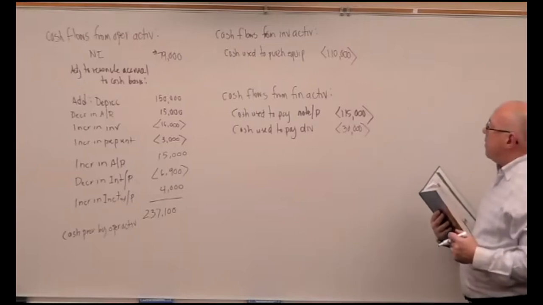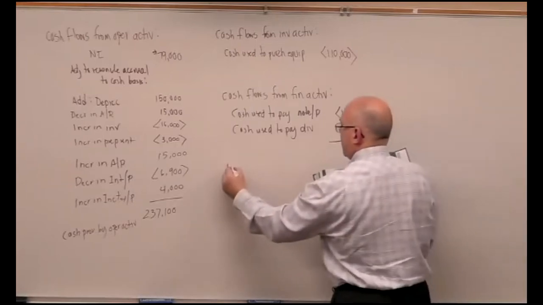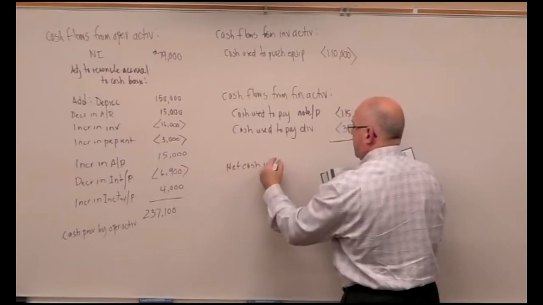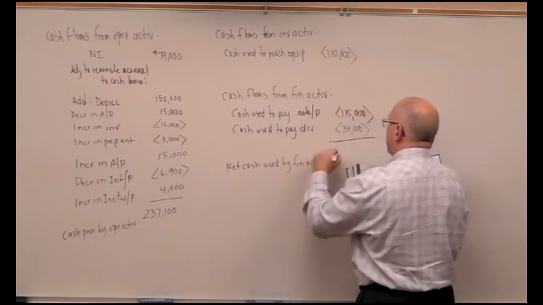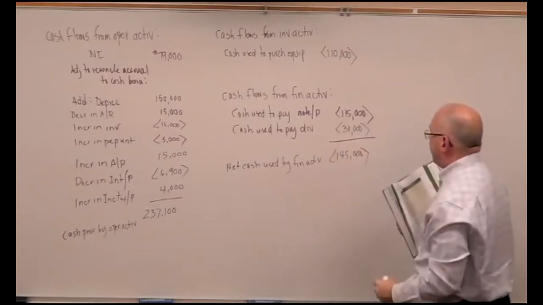All right, so let's hold our breath and see how we did. So we're going to have net cash used by financing activities, $145.